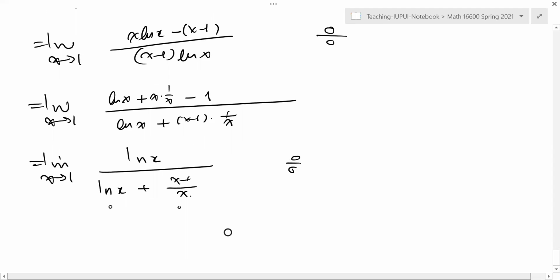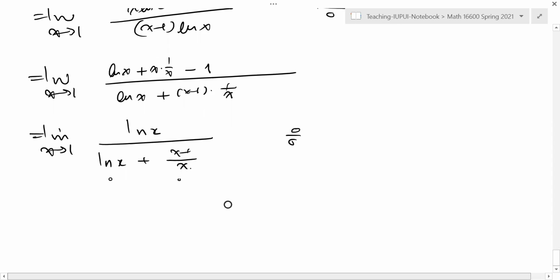Now, there are a couple of ways to do it. Either you modify this again. You don't want to see x minus 1 over x, right? Then you bring x to the top. Okay, so you can write it like x natural log x plus x minus 1. Okay? Yeah, then there's no fraction in the denominator. And this is still 0 over 0 type.